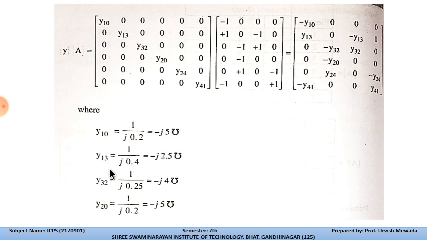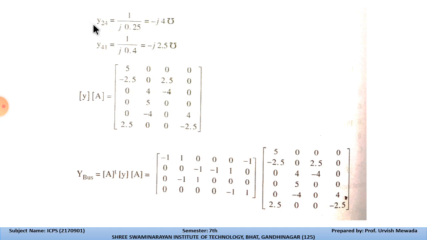So y13 is 1 upon 0.4, so that will be minus j2.5 mho, and y32 is equal to 1 upon 0.25, so this will be minus j4 mho. Y20 is 1 upon j0.2, so this will be minus j5 mho. We are finding these values because we need to put them in this matrix. So y24 is 1 upon 0.25, which is minus j4 mho.